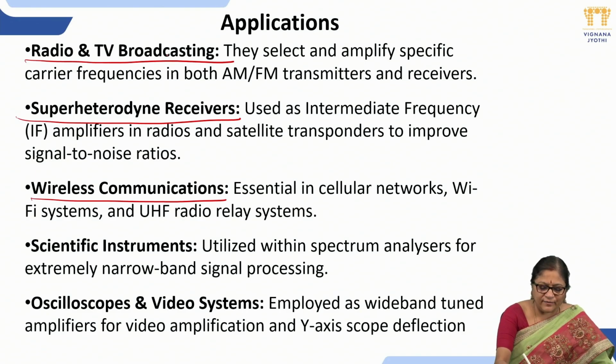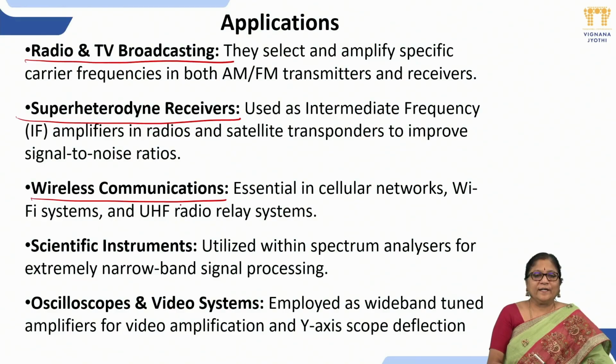Basically, all of these first three are broadly divided into a category known as communication applications, where only one frequency is selected and all other frequencies are rejected, including noise, so it can increase the signal to noise ratio.